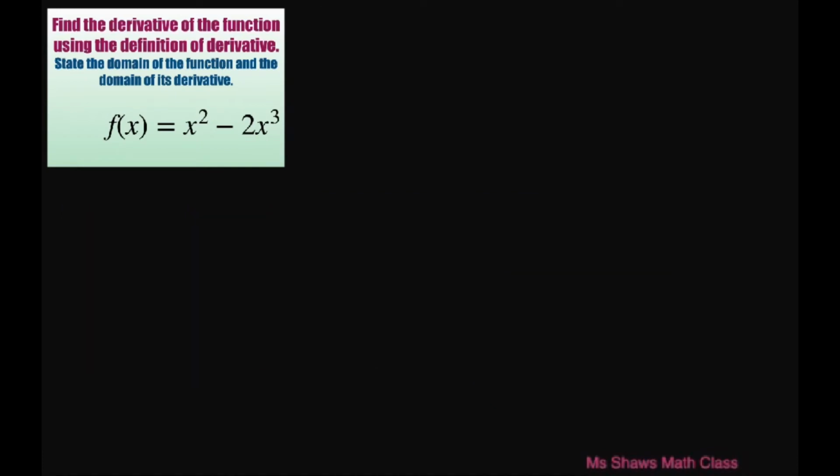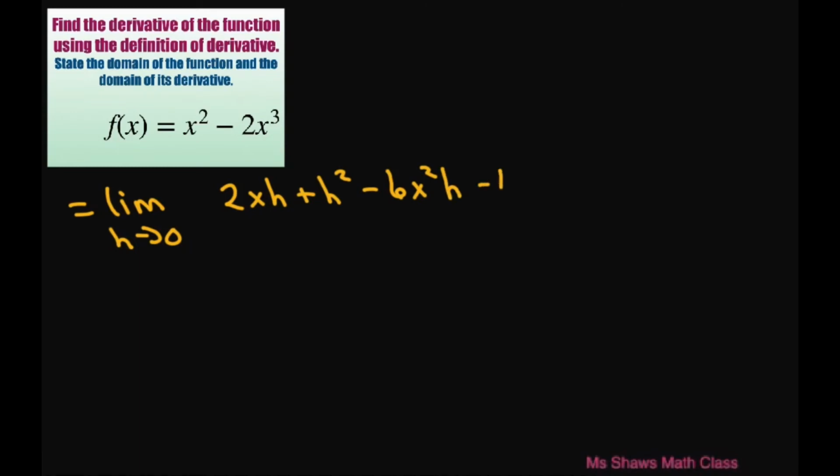Okay, so now let's go ahead and simplify this. This is going to be equal to the limit as h approaches 0, and we're going to have 2xh plus h squared minus 6x squared h minus 6xh squared minus 2h cubed, all divided by h.